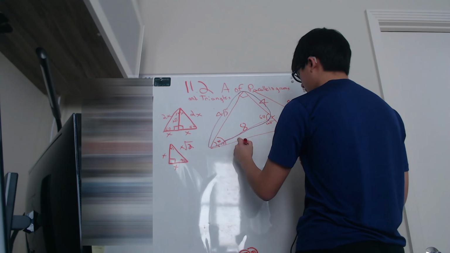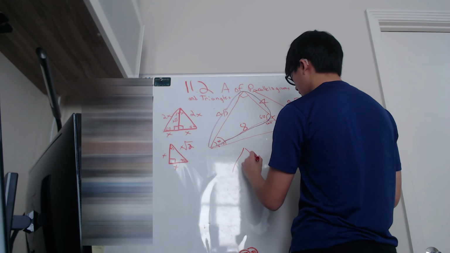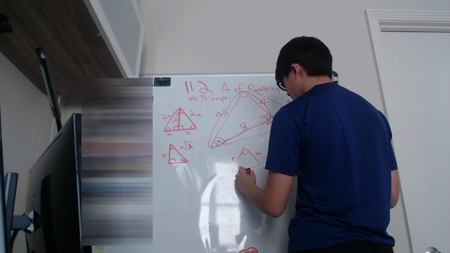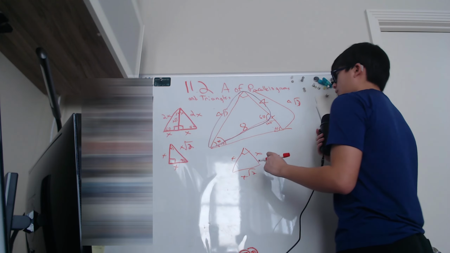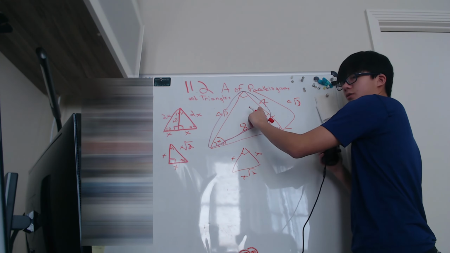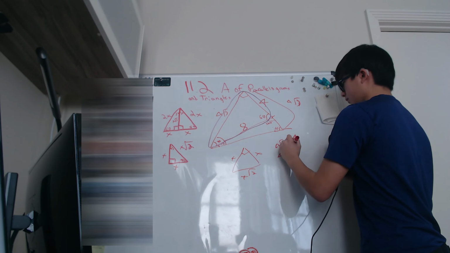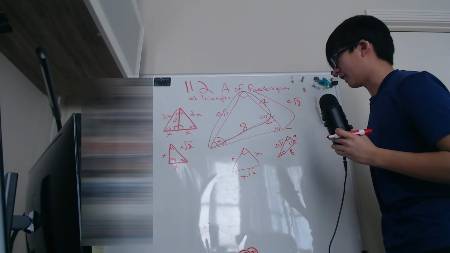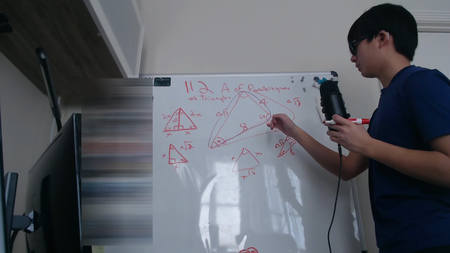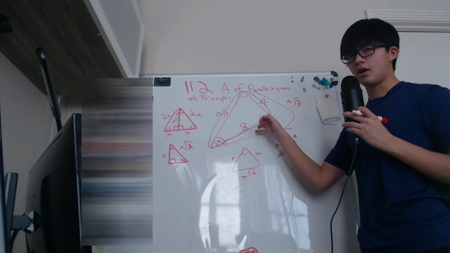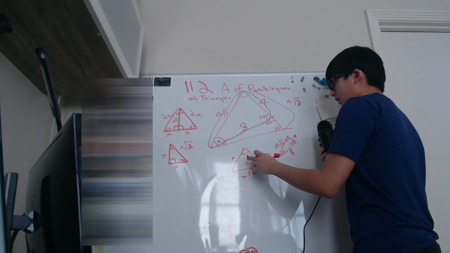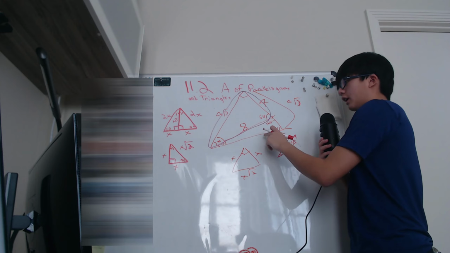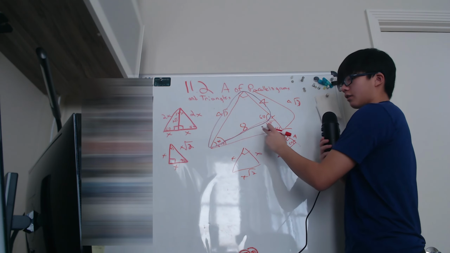We have our bigger triangle, which is 45, 45, 90. And we have our triangle here, which we have all sides for, which is a 30, 60, 90. We know this triangle is inside this triangle, and the only remaining triangle we have left is the triangle we're trying to find the area of. So if we find the area of this triangle and subtract the area of this triangle, we'll find the area of this triangle right here.